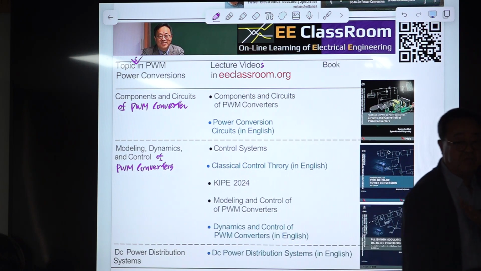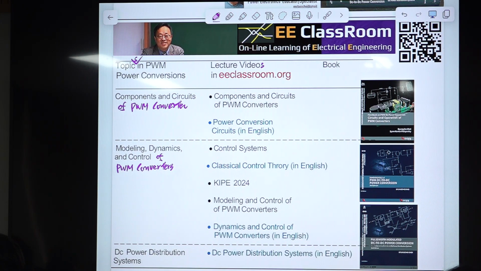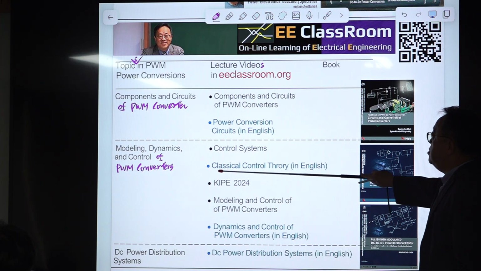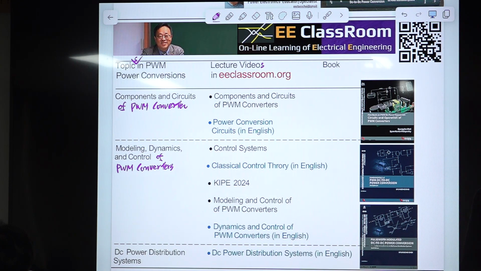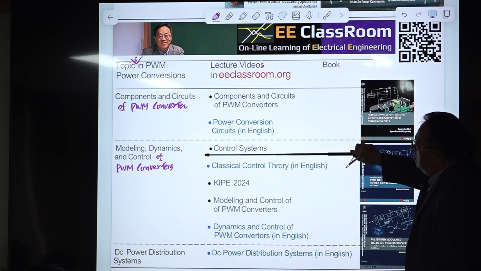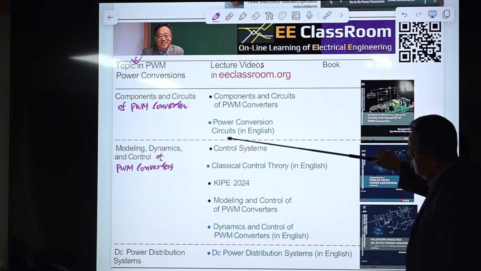I taught this course in English last semester. Okay, so maybe some of you took this course. The title is control theory, but this is a little bit different from the conventional classical control theory. This control theory is oriented toward power electronics, particularly for this class. Okay, so if you took that course, that will be very helpful. Otherwise, you go to this course.